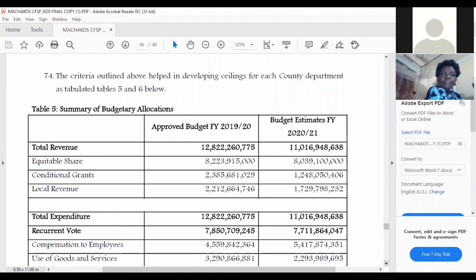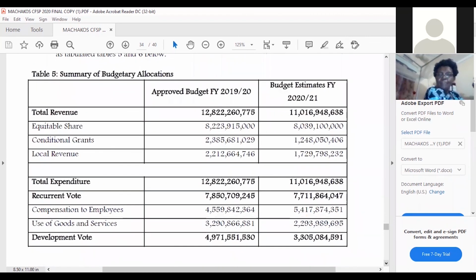So you can see here a summary of budgetary allocations. Approved for the financial year 2019-2020 was 12 billion, but for 2020-2021, the budget estimates was at 11 billion. Equitable share 8.2 billion. From 2021 it reduced to 8.8 billion. Conditional grants 2.3 billion.